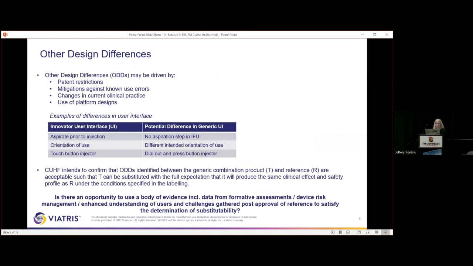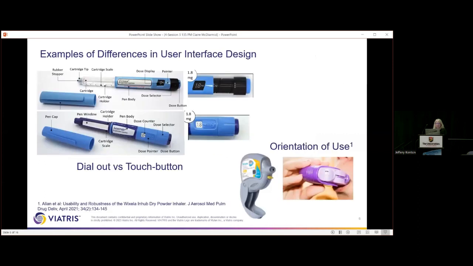I'm going to flick to the next slide, because this is really just an illustrative slide of something I'm going to speak to in a little more detail. A couple of examples, both of which we've seen already today, of other design differences in the user interface. On the top left, we're seeing the dial out of a dosing mechanism compared to a spring-based button.